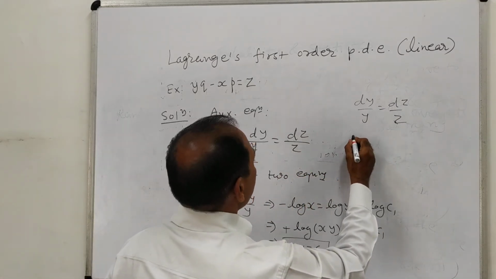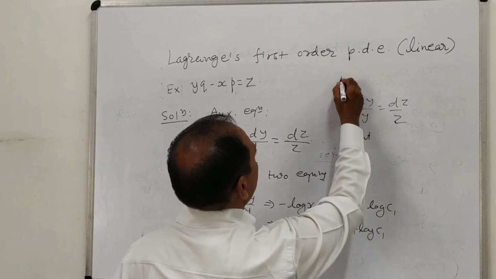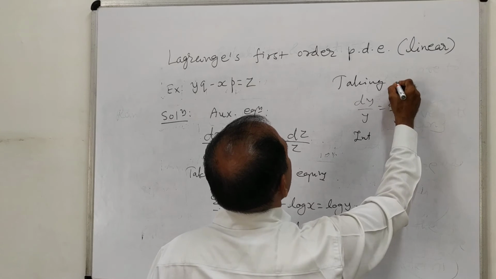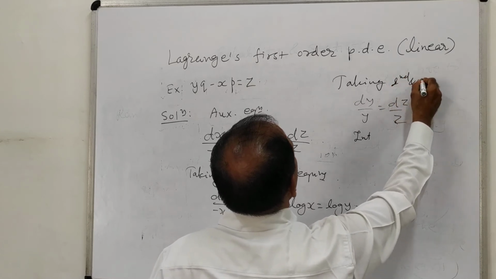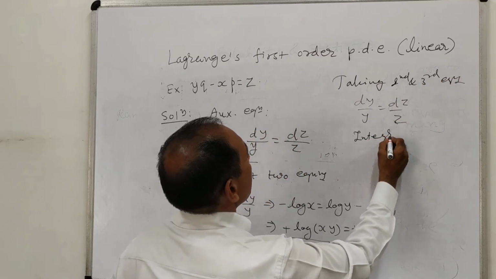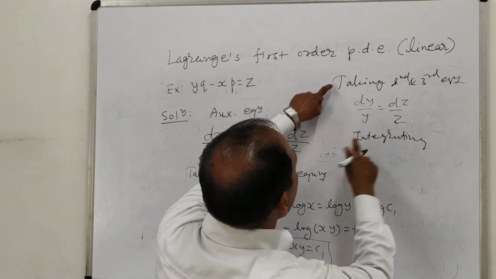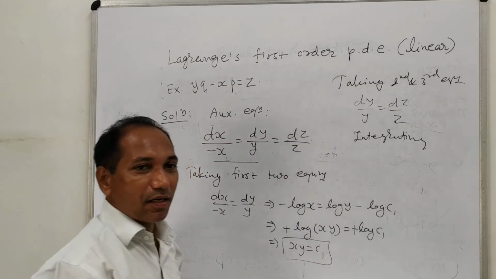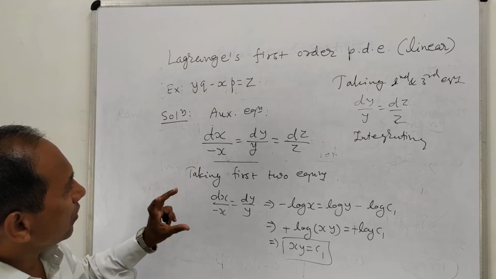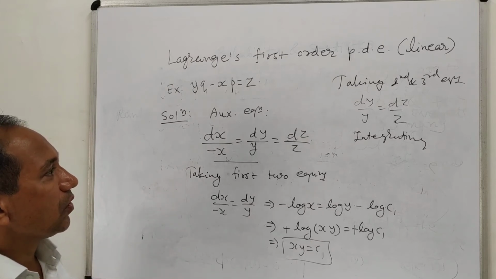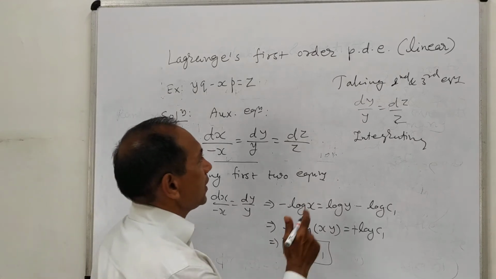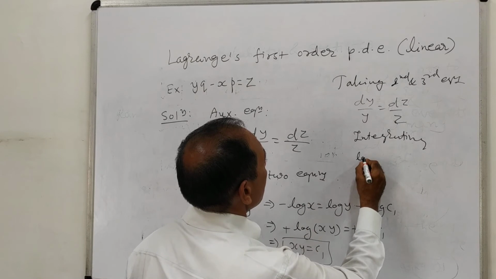So here, you should write out taking second and third equations. We get this one. So then integrating. Actually, these lines, these sentences are required to show the solution in a more understandable form. So you can understand very easily what you are going to do.